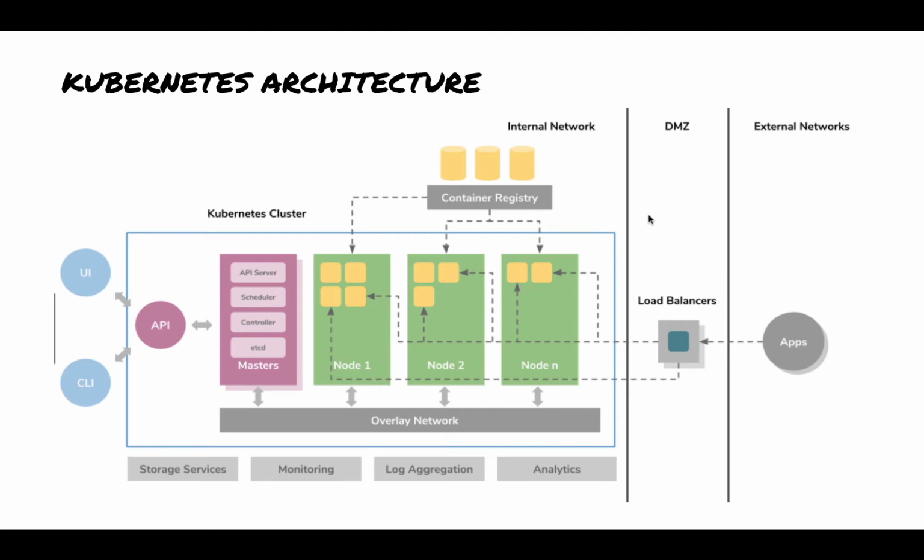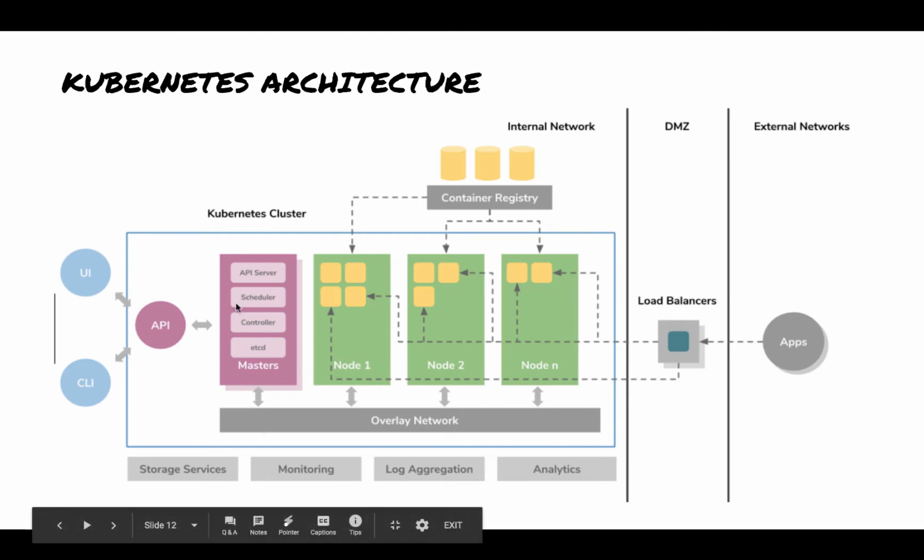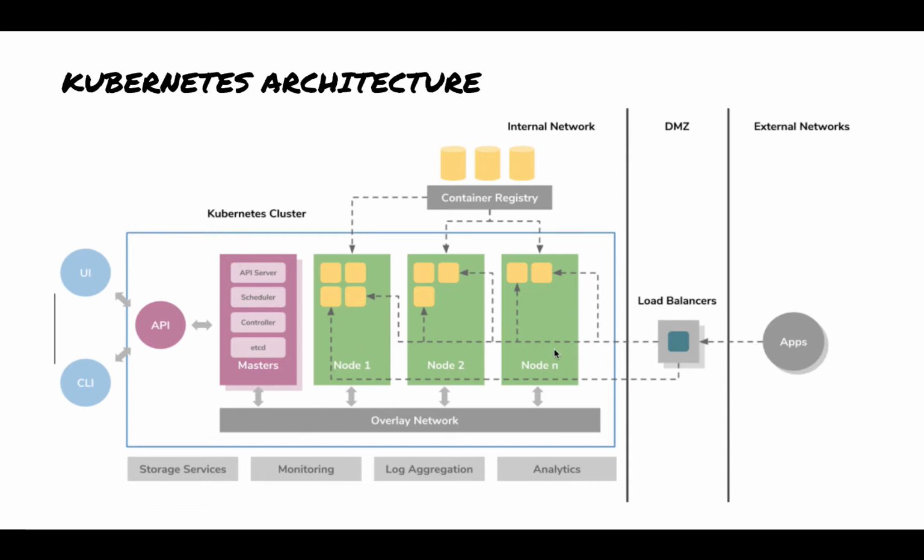So the Kubernetes cluster normally comprises a master server and some slave servers. The master server takes care of that API request that is coming in from the one who is running the cluster. And it also keeps an eye on all the slave nodes and whether they're healthy and ready for taking in the task loads.